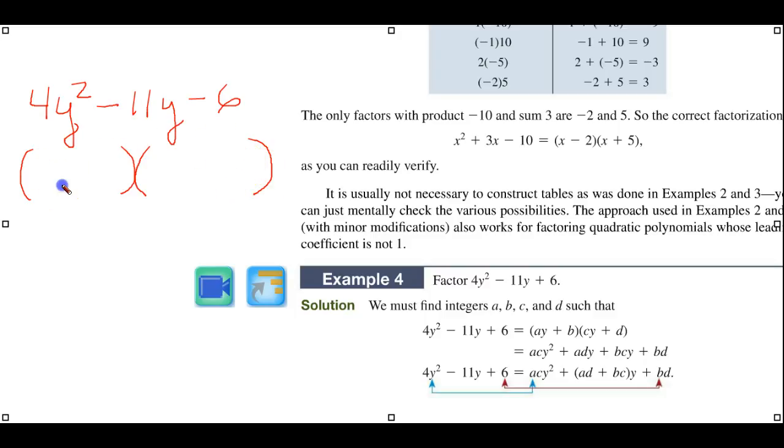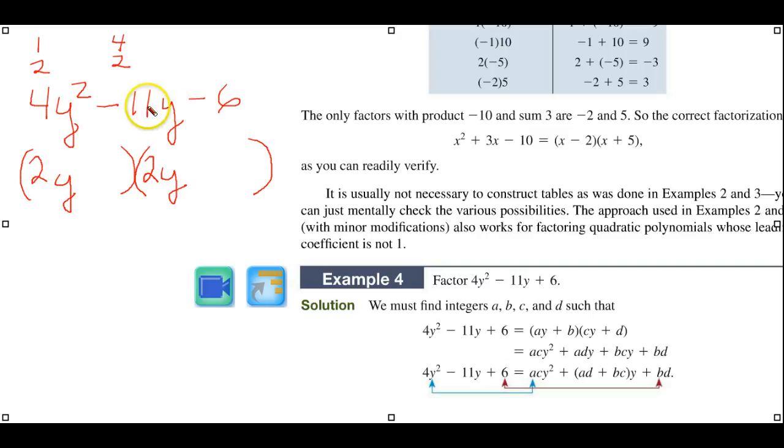So we know there's going to be a y there and a y there. And this 4 could have the factor of 1 and 4, or a 2 and a 2, or a 4 and a 1. Now, often it isn't the 4 and the 1, although we have to keep that in mind. So let's just try a 2 and a 2 here.